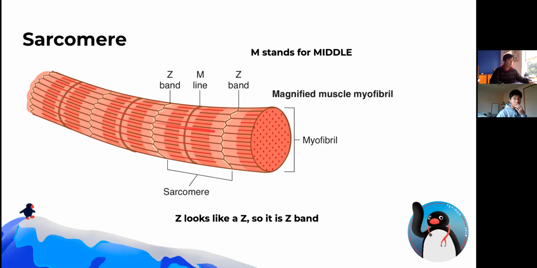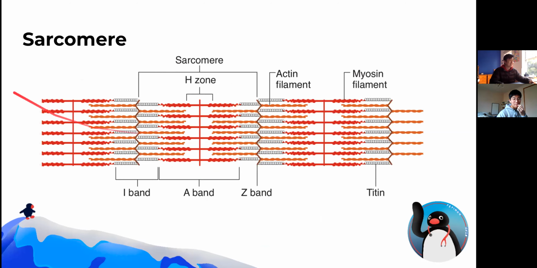Between the two Z bands, we have one sarcomere. Think about Z being the end of the alphabet, so the two ends together make one. So that's one sarcomere.